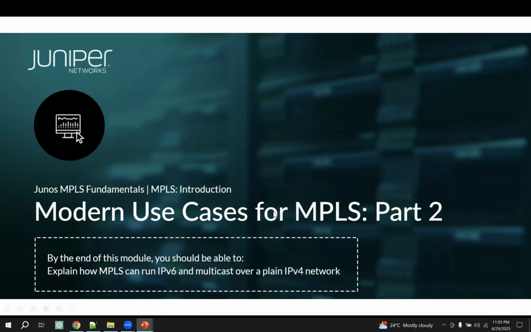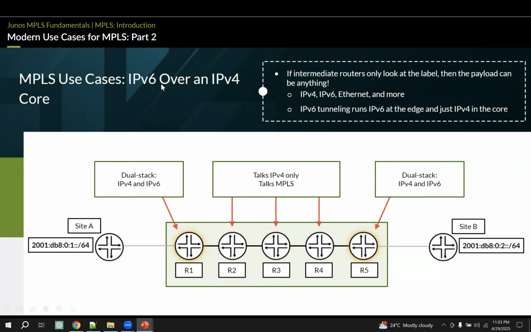Modern use cases for MPLS, that is part 2. Part 2 will discuss MPLS use cases: IPv6 over an IPv4 core. You can carry IPv6 traffic over the IPv4 core. That is tunneling technology. See here, my router 1 can talk IPv4 and IPv6.